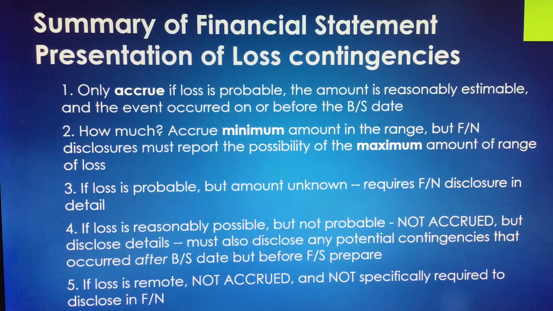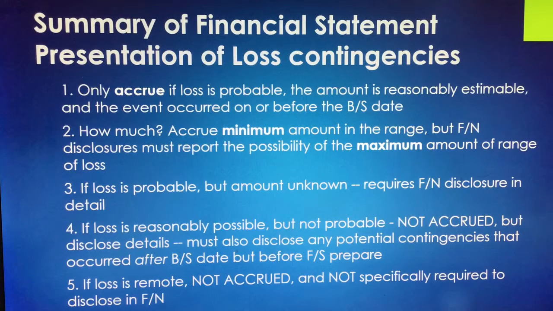If the loss is probable but the amount is unknown, we have to disclose that in the notes to financial statements. But you really can't accrue an amount if you don't have something that's reasonable in terms of an amount to record. Number 4, if the loss is reasonably possible, that middle range or step, but not probable, you don't accrue it, but you disclose the details.